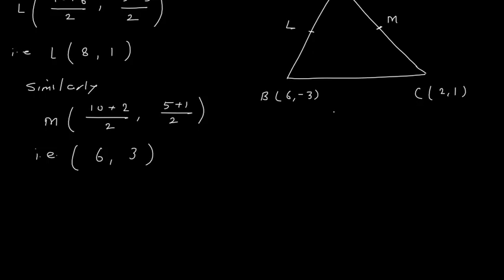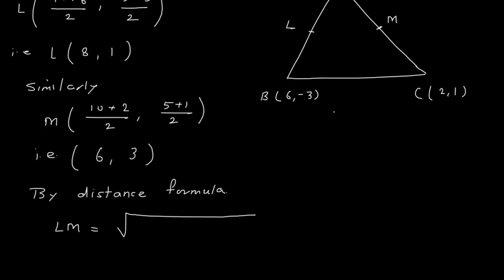Now if I find distance LM by distance formula, we have LM is equal to root of x2 minus x1, that is 6 minus 8 the whole square, plus 3 minus 1 the whole square, which is equal to 6 minus 8 is minus 2, the whole square is 4, and 3 minus 1 is 2, the whole square is 4.